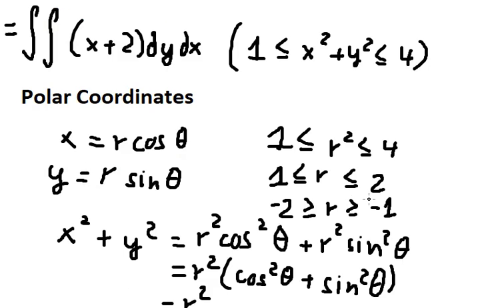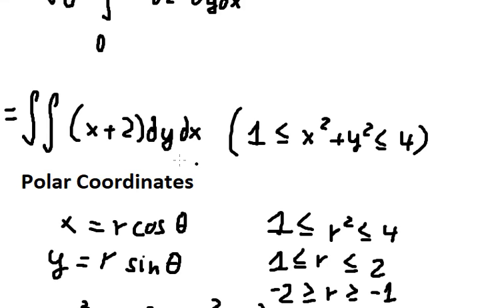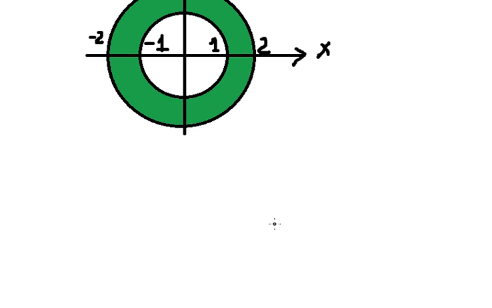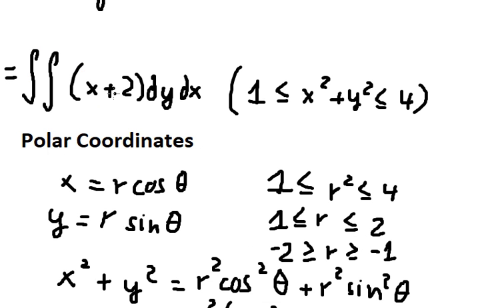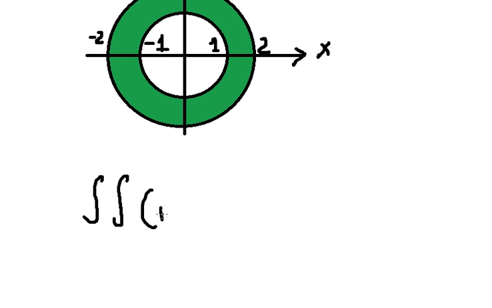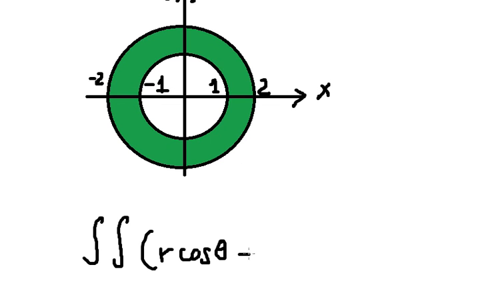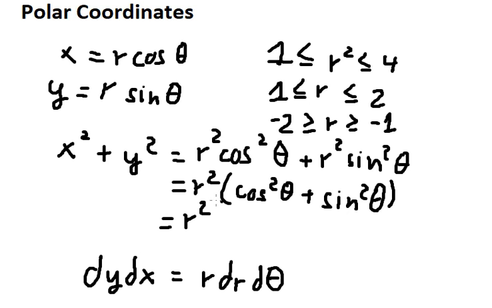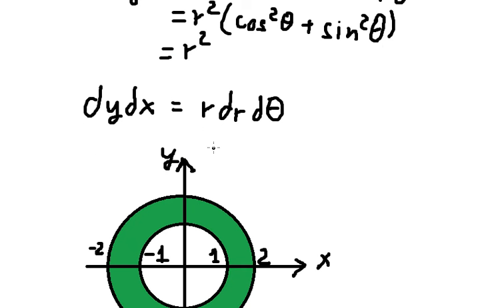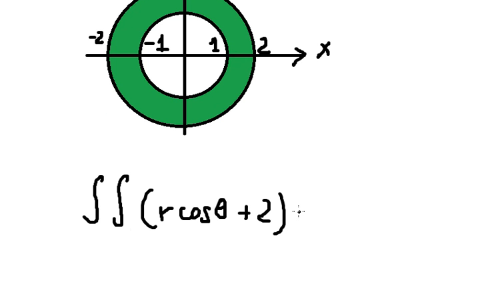So after we got everything, we can put inside the box. About x, we transform into this one. And we have 2. dy dx, that is this one.